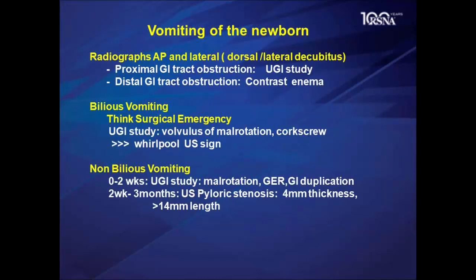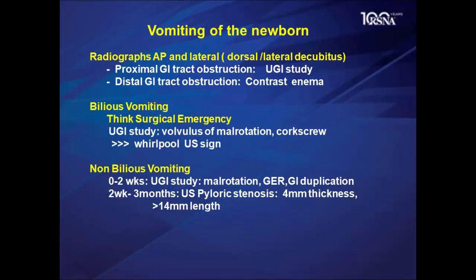So vomiting is a big clinical scenario, and if we have to put an emphasis on the value of radiographs, it is that when we have at least two basic projections obtained, we have an idea whether it is a proximal or distal obstruction in the GI tract.